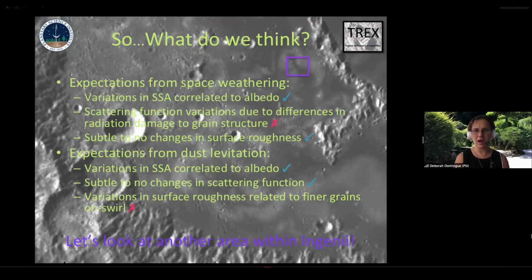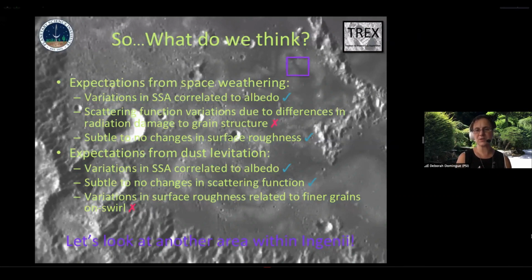So I'm going to summarize here real quick what we think in terms of expectations for space weathering versus expectations from dust levitation. And to me, this would make a good discussion. We see variations in the single scattering albedo, and we would expect that whether it's from space weathering or from dust levitation.